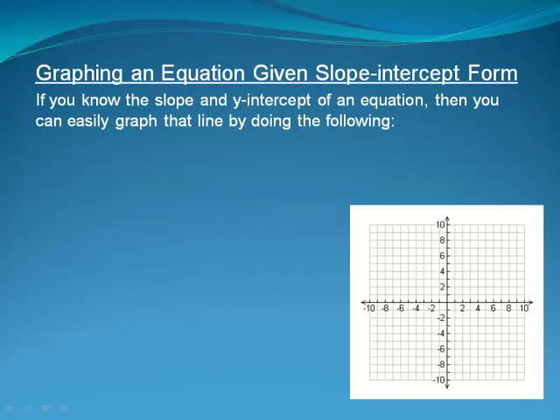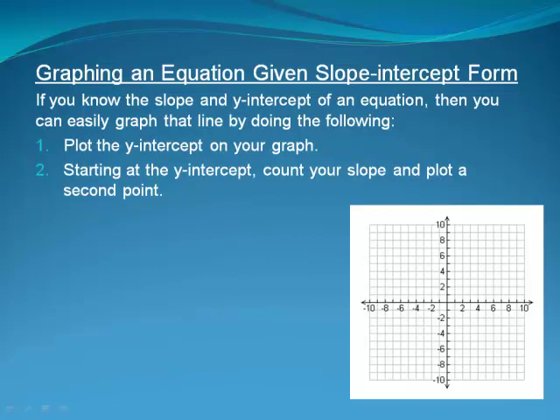Turns out that if you know the slope and the y-intercept of an equation, then you can easily graph that line by doing the following. Your first step is you're going to find the y-intercept and plot the y-intercept on your graph. Again, y-intercept is the point where your graph crosses the y-axis.